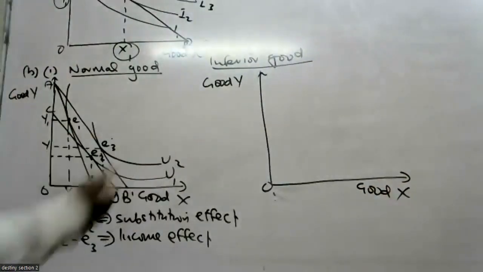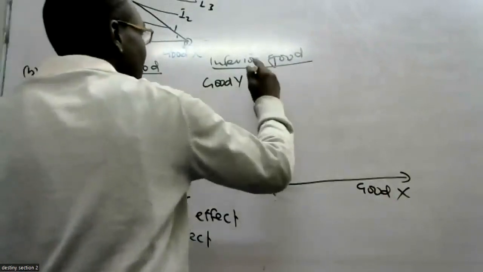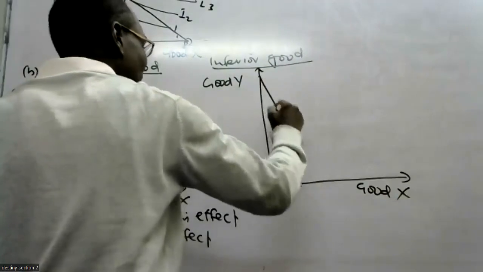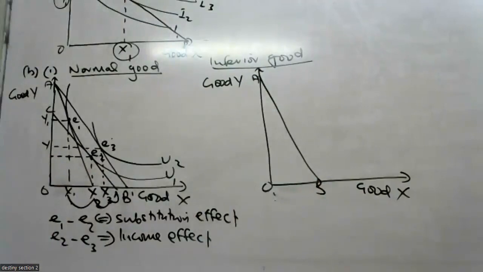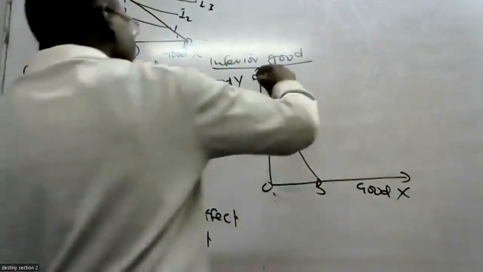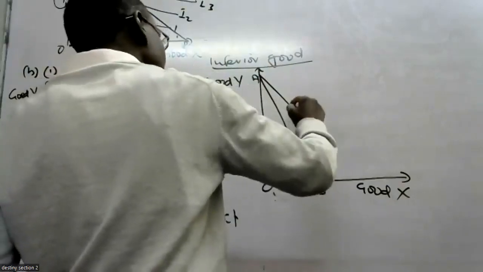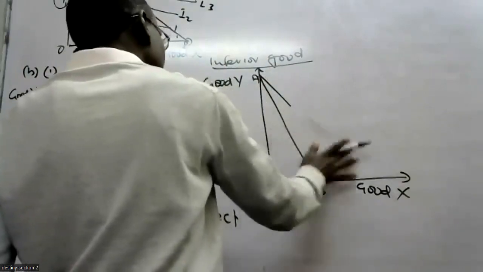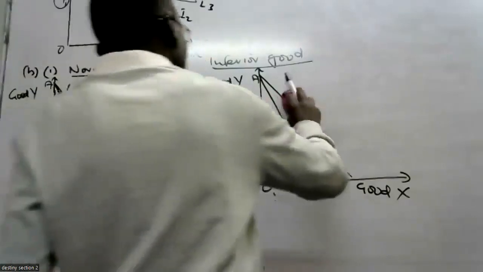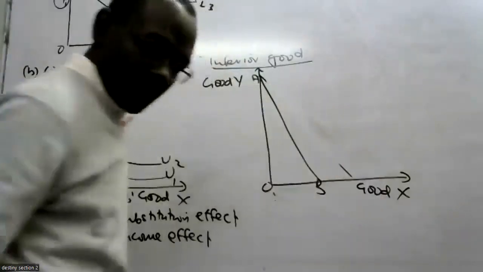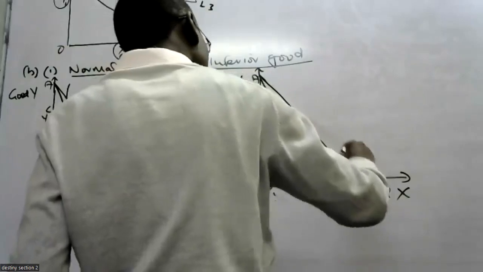I want to distinguish between normal and inferior. But the budget line is the same. We start from there. Budget line AB, the same as this one. The price of X is falling, the same. You pivot to the right, like that, to B prime.